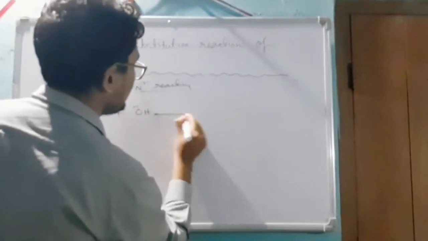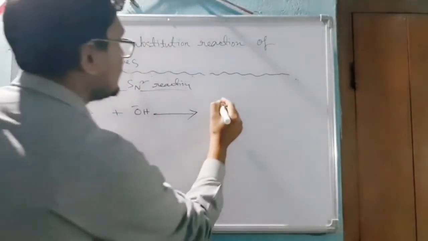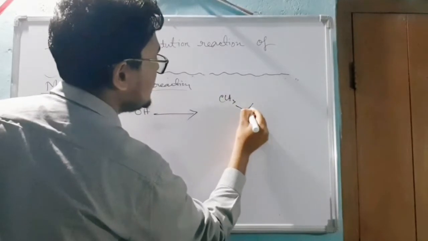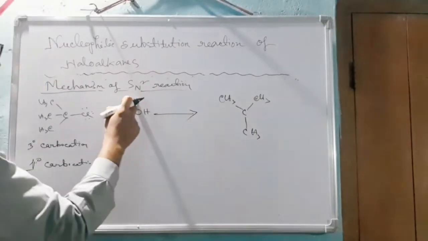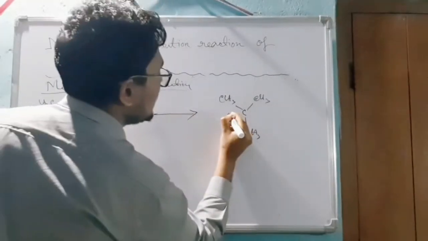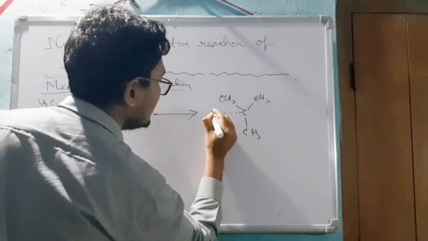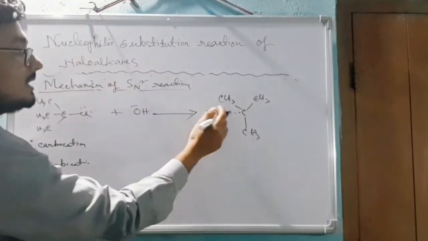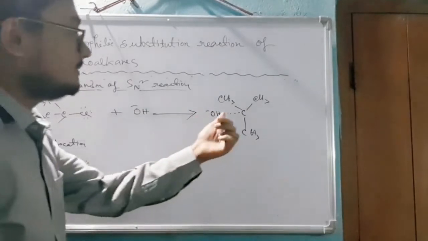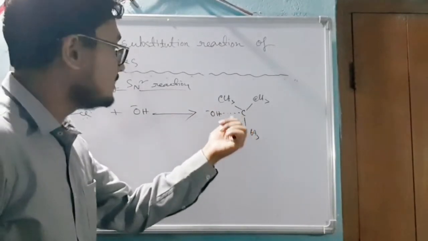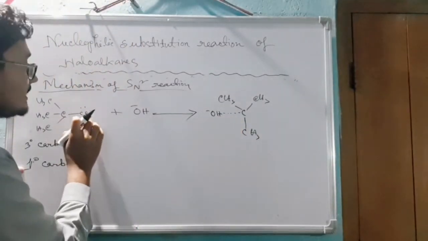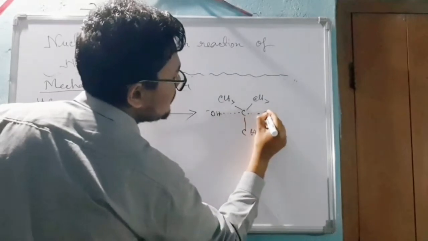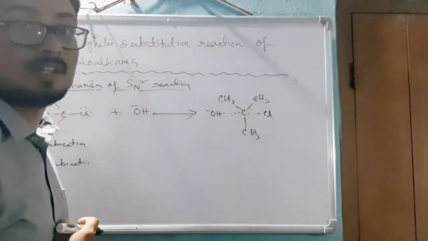Nucleophile will attack only in this way. So what are they? CH3 and C. This nucleophile will attack this position. So here the bond has not been completely formed, that means bond making has not happened. And this Cl, this is a leaving group, and Cl has not completely left.